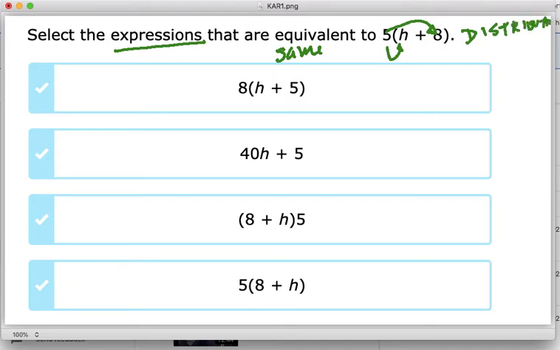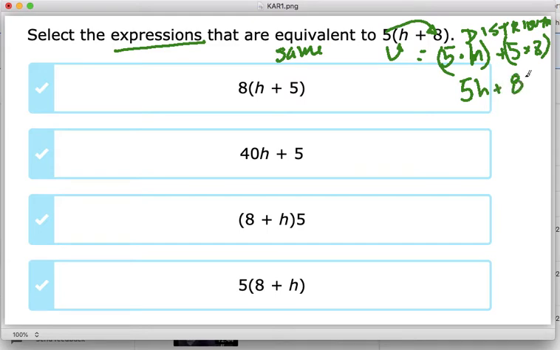Distributive. And so this is really just the same as 5 times h plus 5 times 8, which is 5h plus 8.